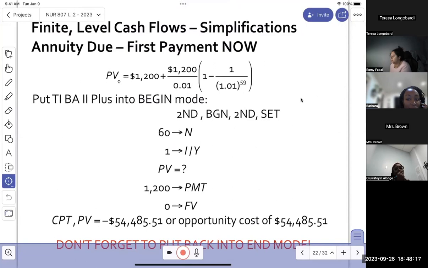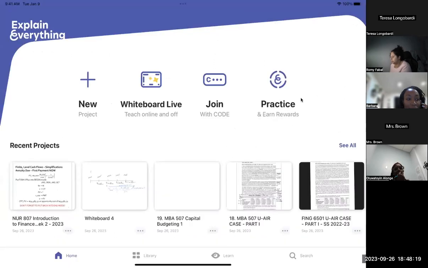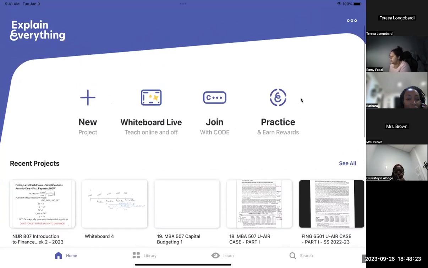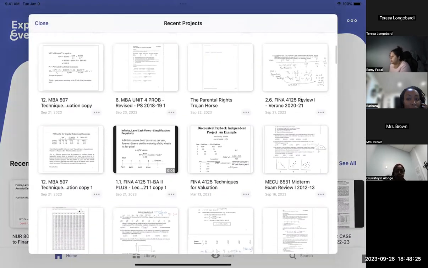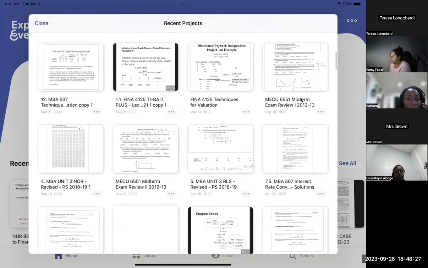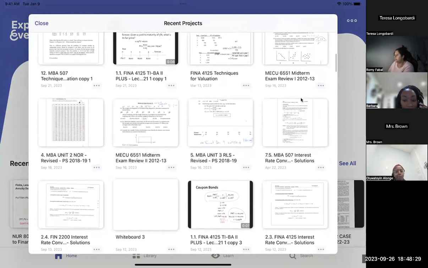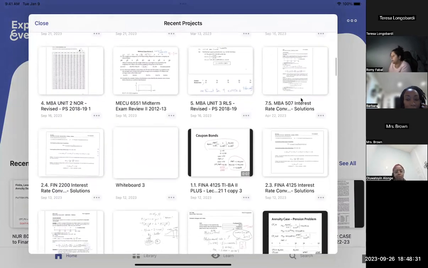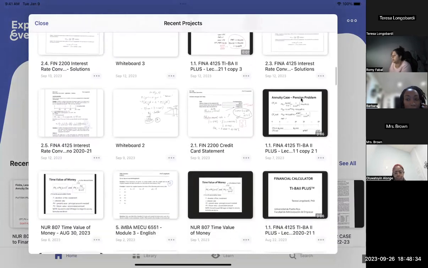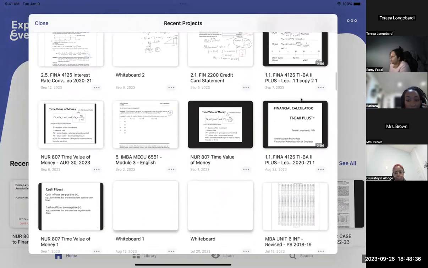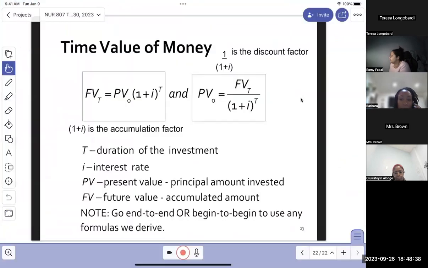I don't think these are your notes, even though I think we used a different set. Hold on. Those are the calculator notes. I didn't teach you the calculator. I just taught you Excel. I'll make it easier. So here, time value of money.